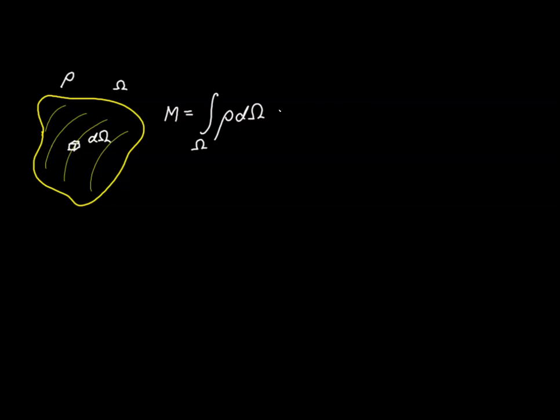Well, if we did that, we'd start by representing our density as a function of our coordinates, which would be x, y, and z. And then we would integrate this function with respect to one of our coordinate values, typically dx, and we'd integrate it between two limits f1 and f2.